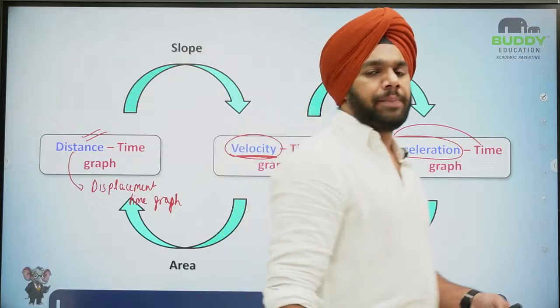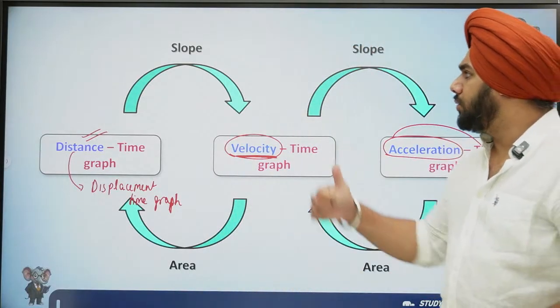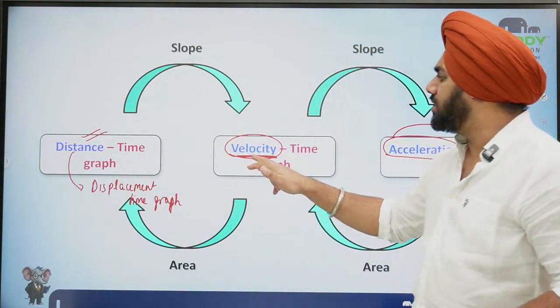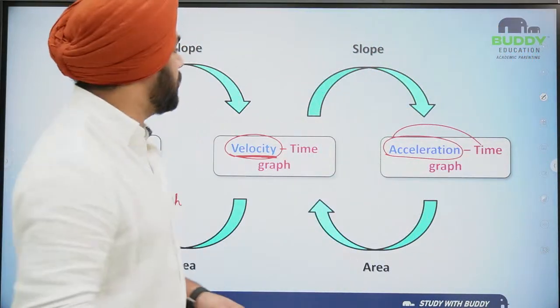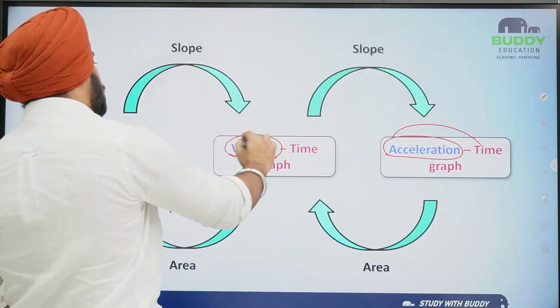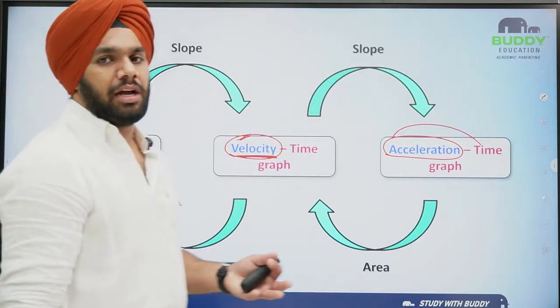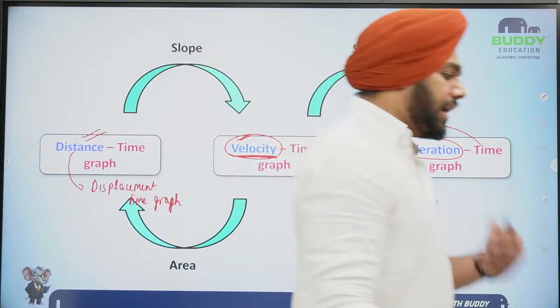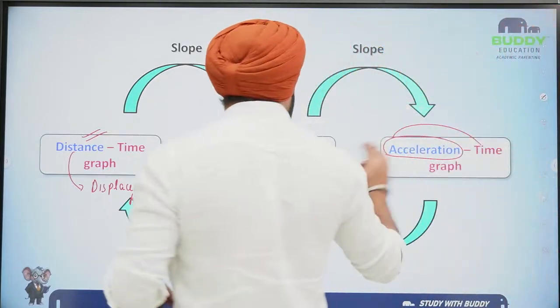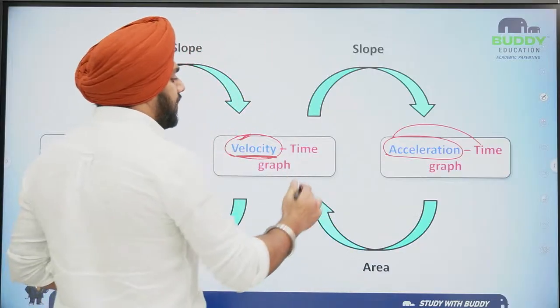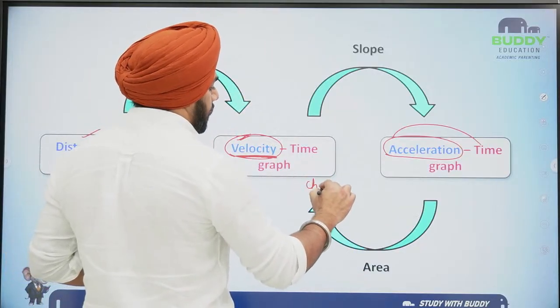This is very easy. If I want to find velocity with the help of a distance time graph or displacement time graph, we can find the slope, and by the slope we can get the velocity. Slope of the velocity time graph will give you acceleration. Area covered under the acceleration time graph will give you change in velocity. Okay.